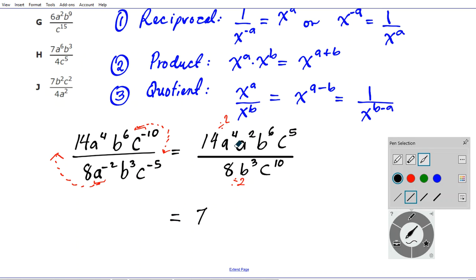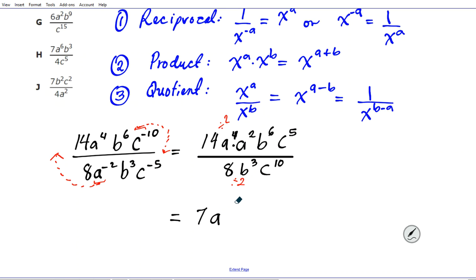Now we're going to apply the product property here because we have the product of two exponents with identical bases. So applying formula 2, we just add the powers. And then the b's, we have a quotient. The b in the numerator has a bigger power, so we're going to subtract the denominator power from that. What's the story with the c's?